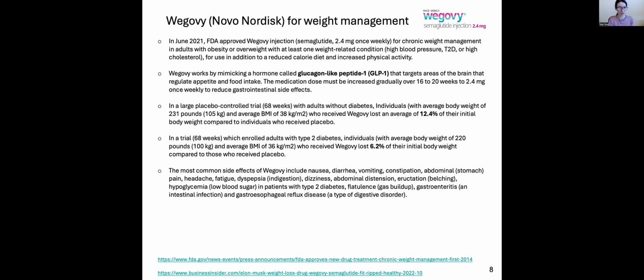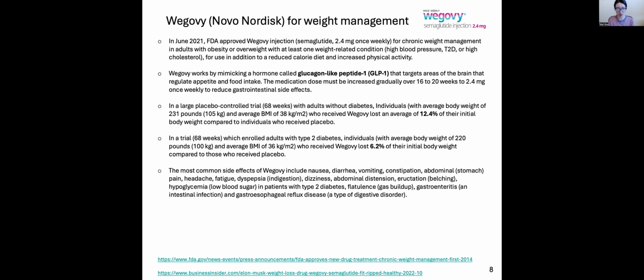In addition, in the trial also spanning 68 weeks, adults with type 2 diabetes, and for those people, they have average body weight of 220 pounds, which is 100 kilograms, and an average BMI of 36 kilograms per square meter.